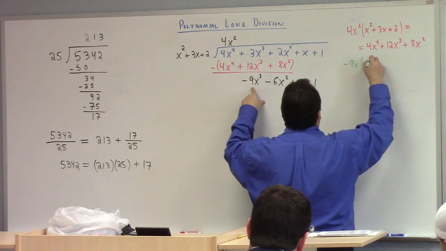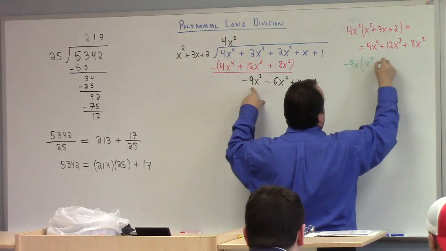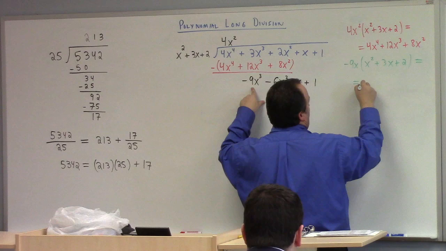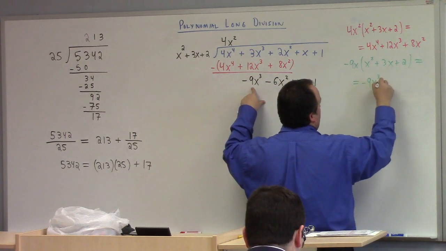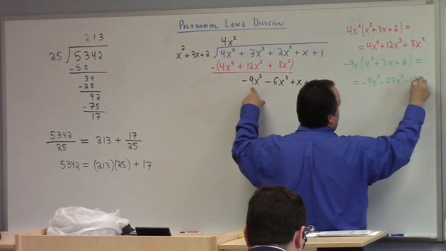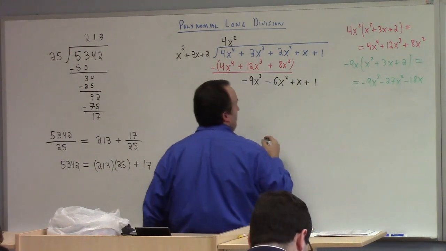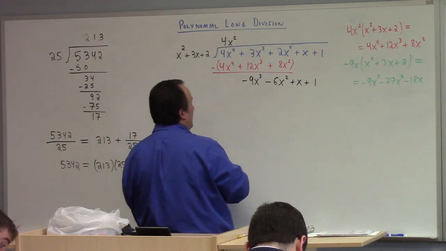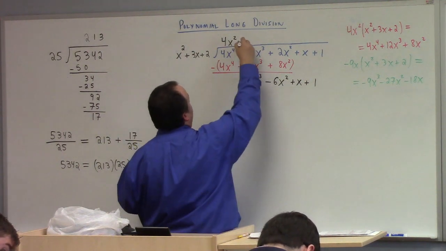See, because if I have minus 9x times x squared plus 3x plus 2, what do I get? Minus 9x cubed minus 27x squared minus 18x. So that's why I'm going to put a minus 9x up here.